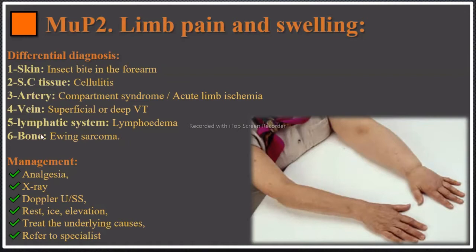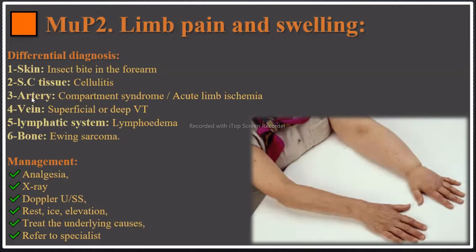So if the patient has a problem in the skin, maybe insect bite. The patient has limb swelling, maybe insect bite. Whatever insect bite here, it can cause allergy, swelling, or it can cause cellulitis. Okay, subcutaneous tissue. So infection of the subcutaneous tissue, as we discussed in previous chapters, cellulitis.